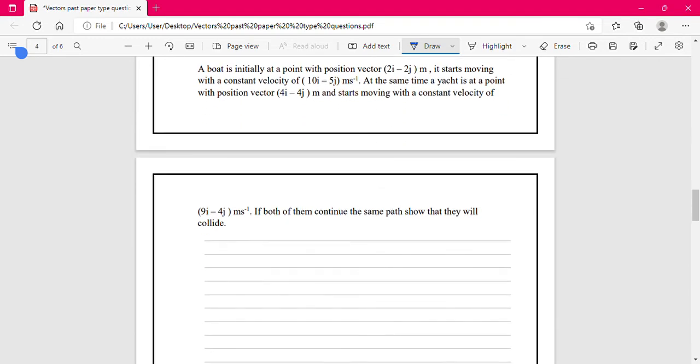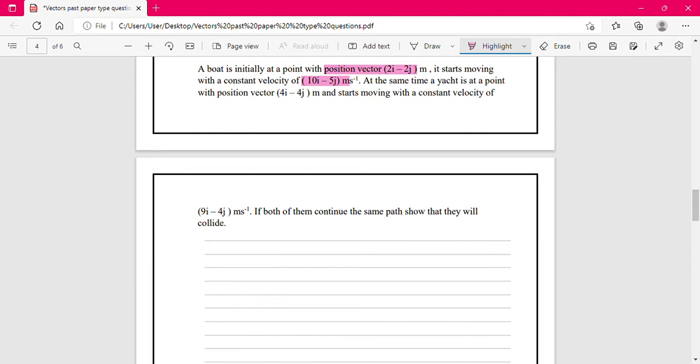Okay. Now let us come to this next question. A boat is initially at a point with position vector 2i - 2j meters. It starts moving with a constant velocity of 10i - 5j meters per second.